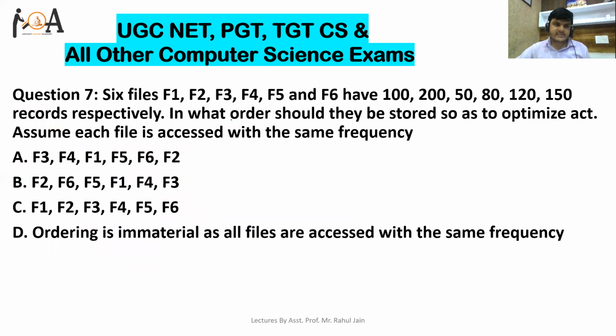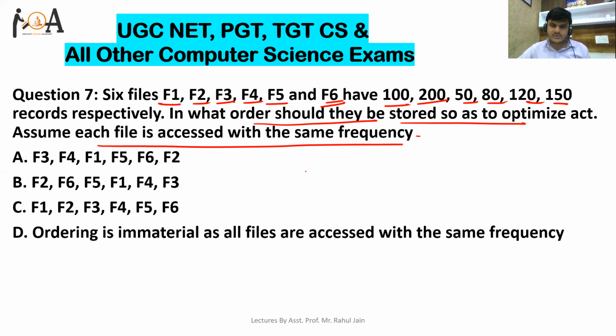The next question here is: 6 files F1, F2, F3, F4, F5 and F6 have 100, 200, 50, 80, 120, 150 records respectively. In what order should they be stored so as to optimize access? Assume each file is accessed with the same frequency. So we need to use the greedy algorithm concept here.